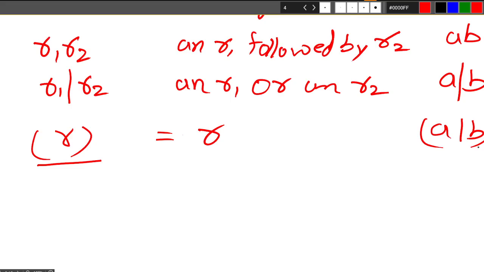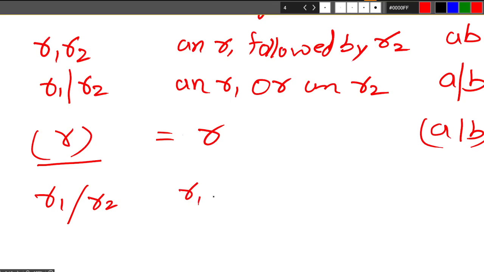Now there is one thing, we can call it R1. This was the OR operation, it was a straight line. This is a forward slash. R1 forward slash R2, which will mean that R1 whenever it is followed by R2.